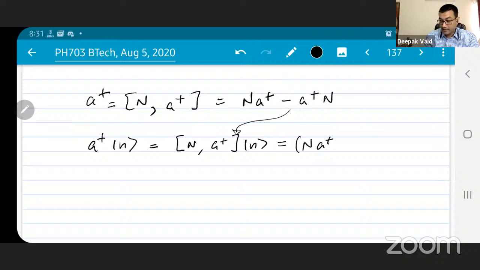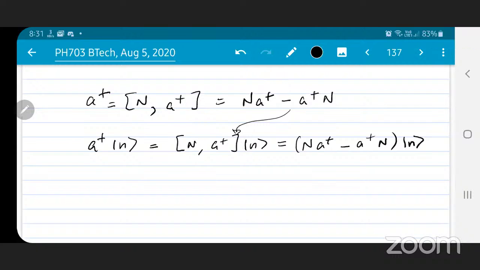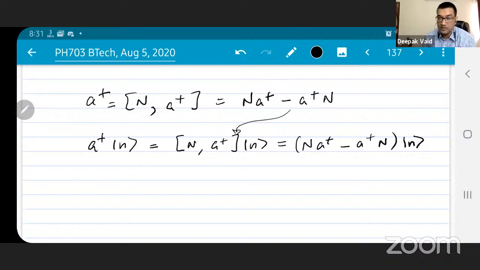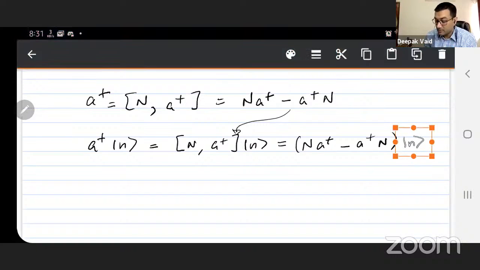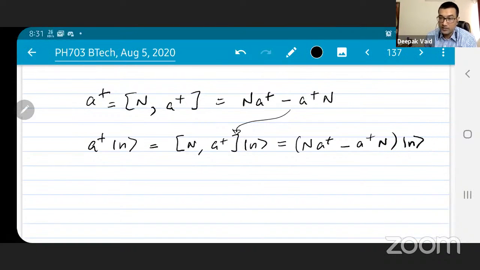We get N times A dagger minus A dagger N. And all this time, we don't know the explicit form of any of these objects. We do have the explicit expressions in terms of P and X, but we don't know what these eigenstates actually look like.